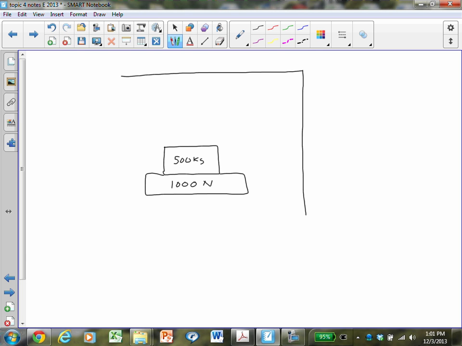Then it's connected up here at an angle of 45 degrees. We'll just call that tension A. And then over here, it's connected at 70 degrees. That's tension B.